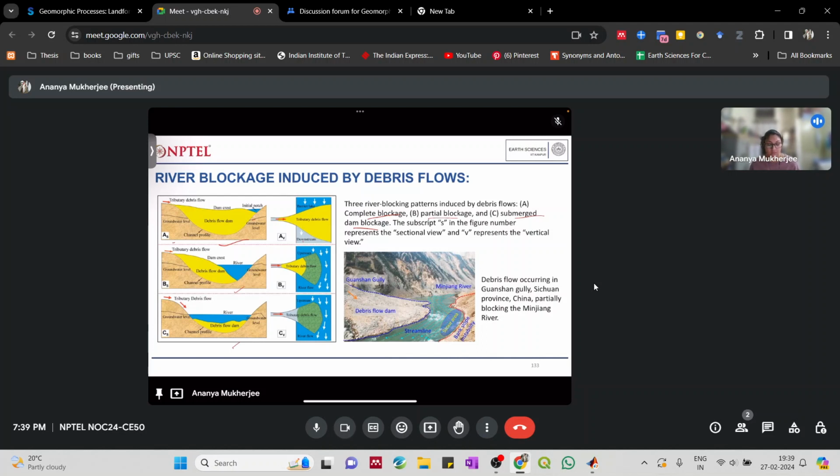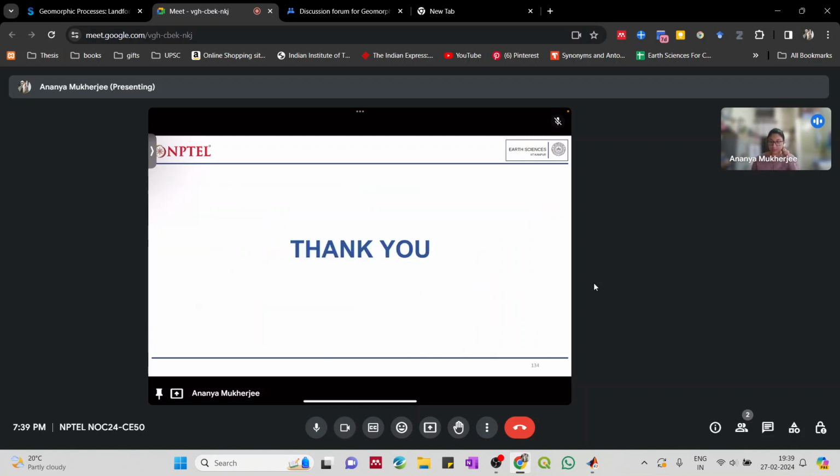And then you have the submerged dam, where the debris flow is submerged below, and it is still causing obstruction in the flow of the water. So this is a natural way that debris brought by the river can create dam structures. So this is all for today.